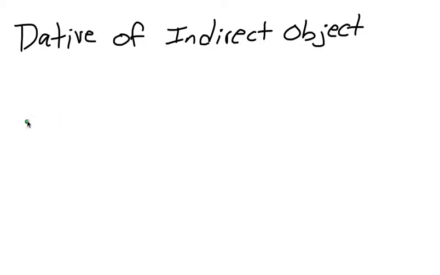So let's talk about what an indirect object is. An indirect object is when you have basically two objects in a sentence. You'll have a direct object with an indirect object. Here's an example of a sentence with both a direct and indirect object.